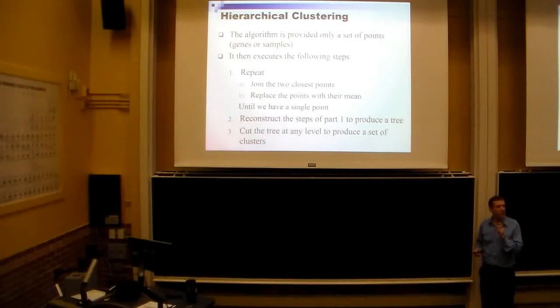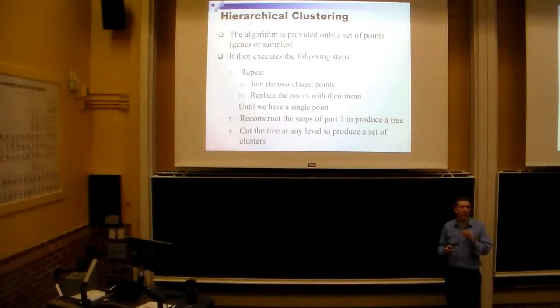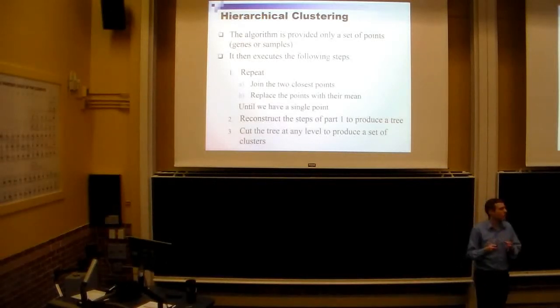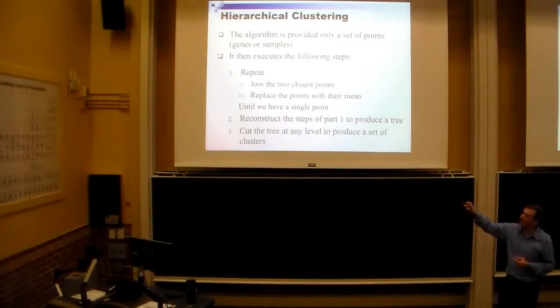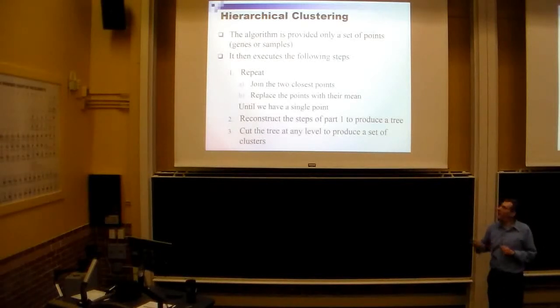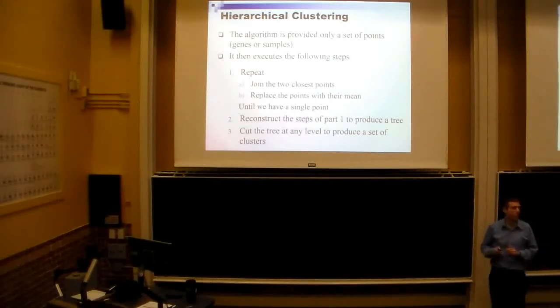Repeatedly try to find your 2 closest or most similar points. Join them together and replace them with an average point representing those 2 points, or at later steps in the algorithm, maybe representing a large set of points we put together. So we replace those with, let's say, their mean. And then we throw that mean back in as if it were a point in our data set in place of the 2 we've removed. We just keep doing that until we're down to a single point.